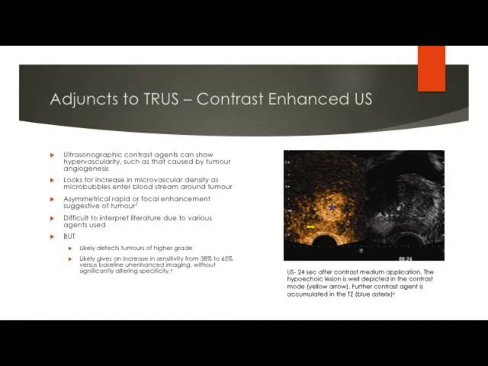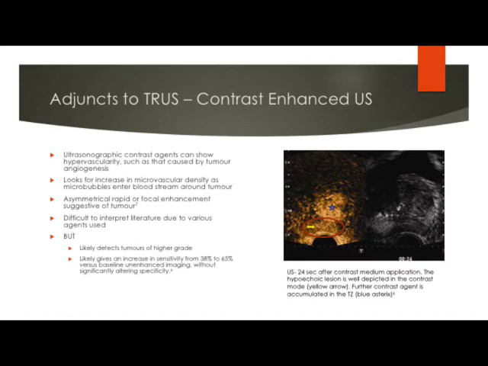The other thing that's been used is contrast enhanced ultrasound. As I said before, the neovascularization in prostate cancer results in hypervascularity because of angiogenesis. And if you inject microbubbles, that increases the density of those microbubbles in the microvascular areas, and it gives an asymmetrical rapid or focal enhancement, which again suggests tumour, and you can subtly see that in the picture here.